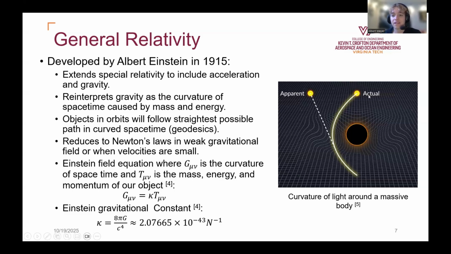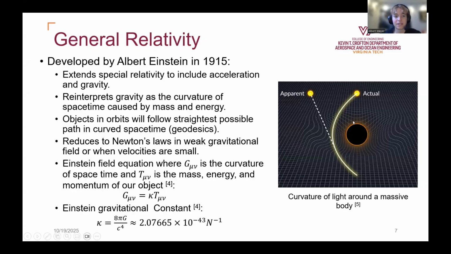So, as you can see, this star is actually located behind this massive body, and you would not think you should be able to see it, but that is just how this works, and it is a little funky. So, very cool. And this is only the case because this is such a massive object. If this was not such a massive object, we would kind of get what Newton said in our laws.